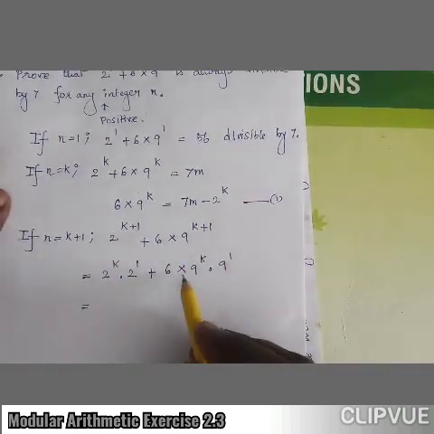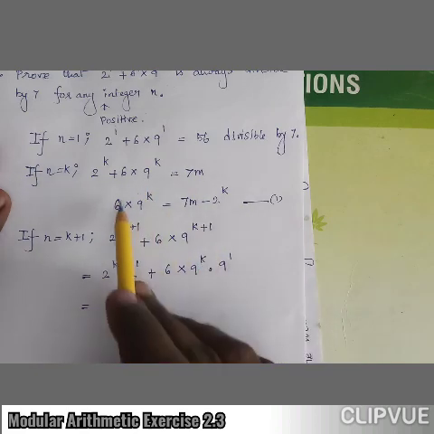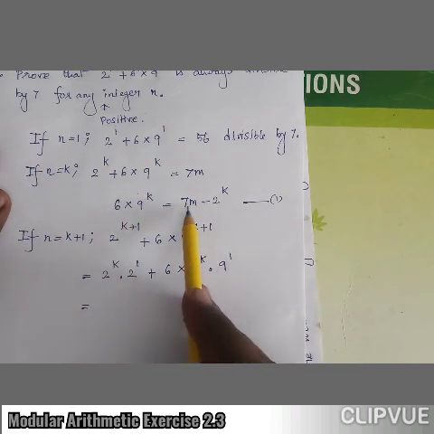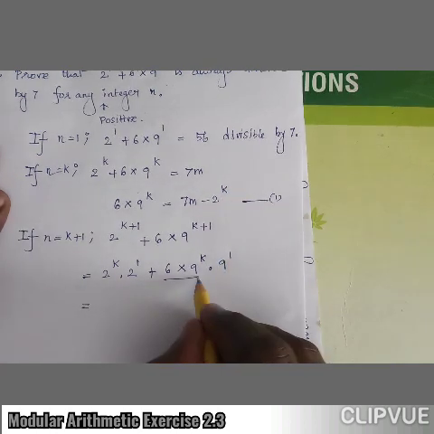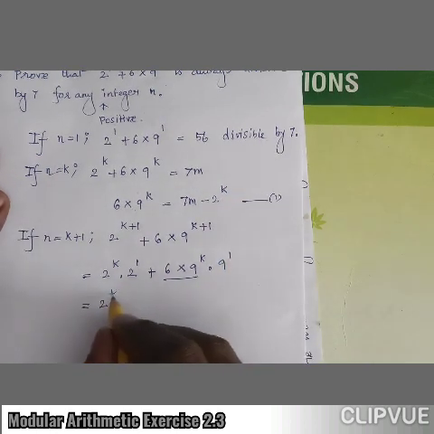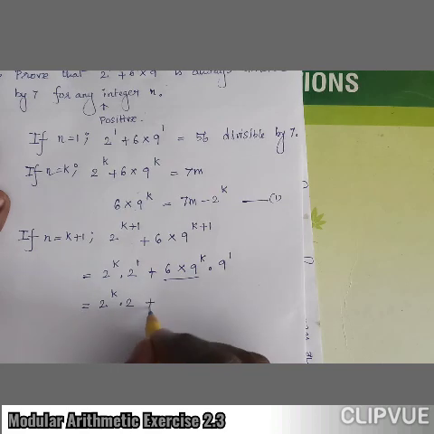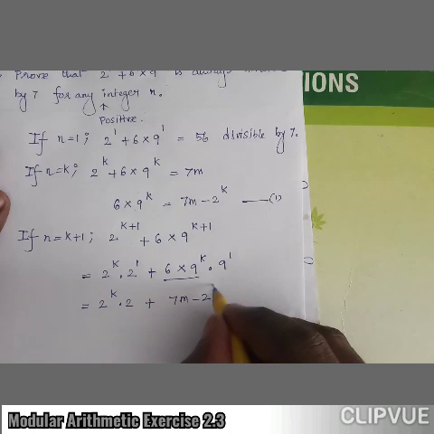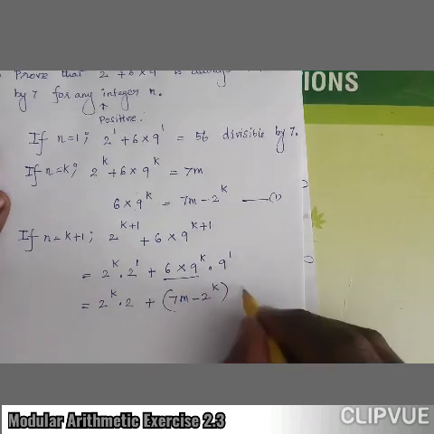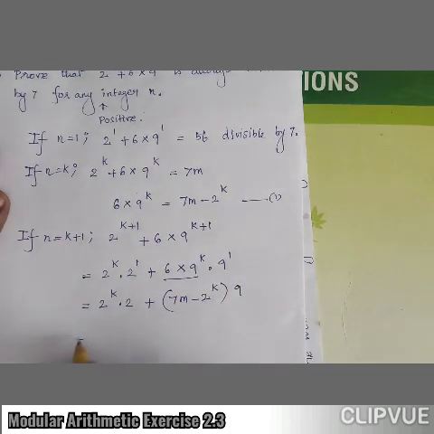We know that 6 into 9 power k is equal to 7m minus 2 power k. I am just replacing it. So 2 power k into 2 plus 7m minus 2 power k into 9.